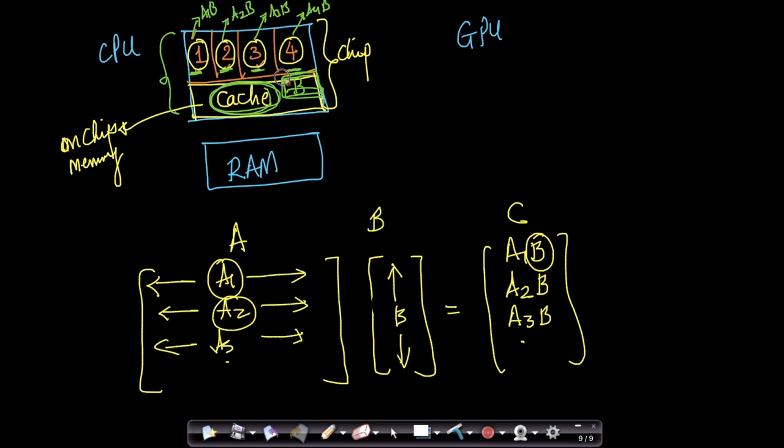And your B is stored here, parts of A are stored here. Whenever a new part, let's say A5.B, is not available in the cache, it will bring it from RAM.